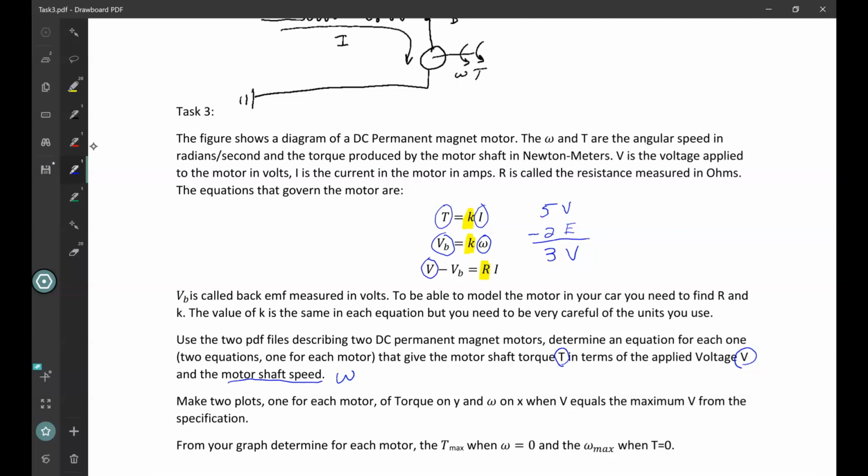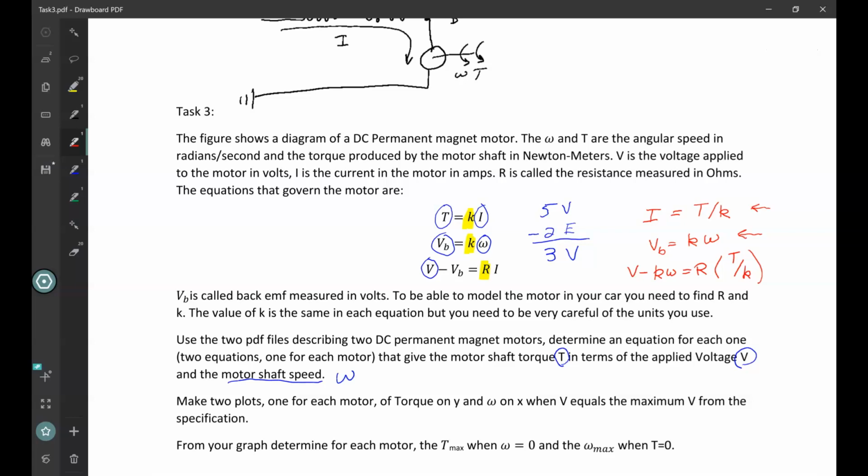So what we're going to do is use two of the equations to solve for the 3 variables. What you see here in red is solving the first equation for the current I, and then the second equation is already solved. That's the VB.